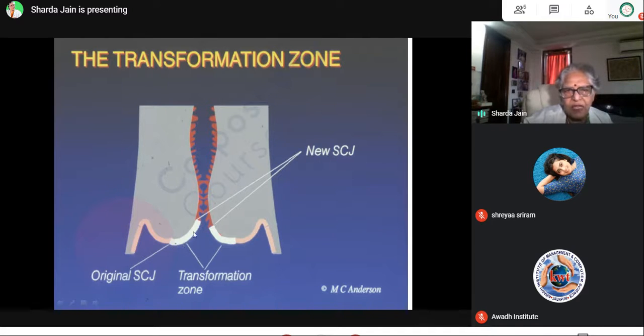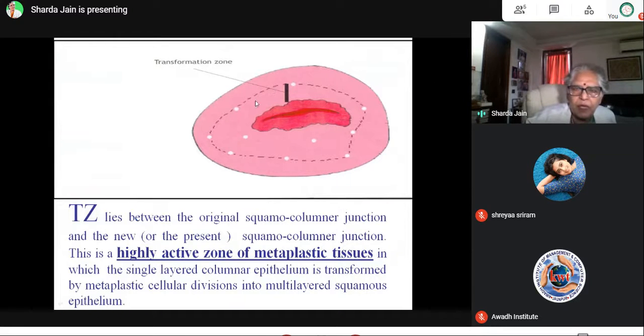And its significance is that columnar gland openings will be seen in it, and outside it, in the mature area, no gland openings will be seen. Gland openings are seen only here. Now the picture becomes very clear again.